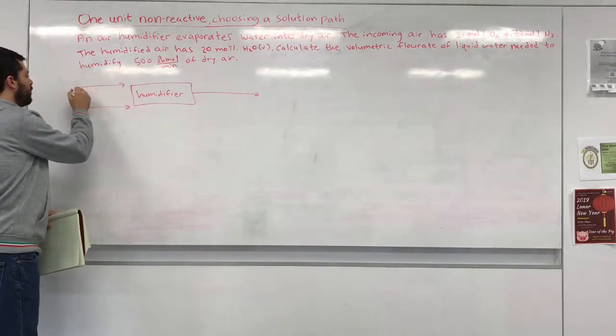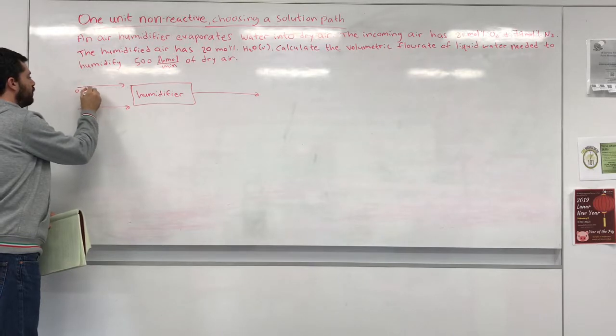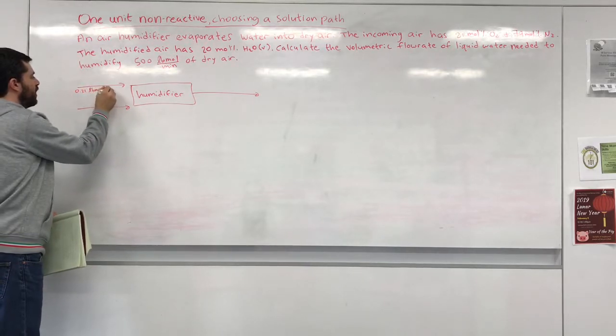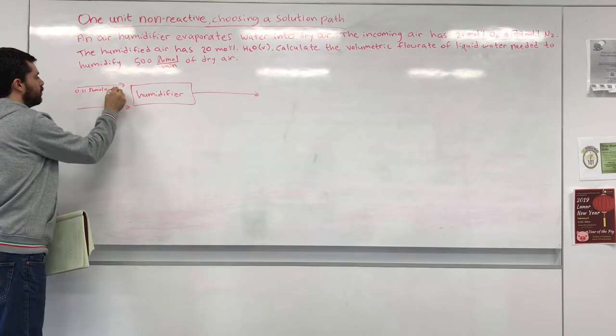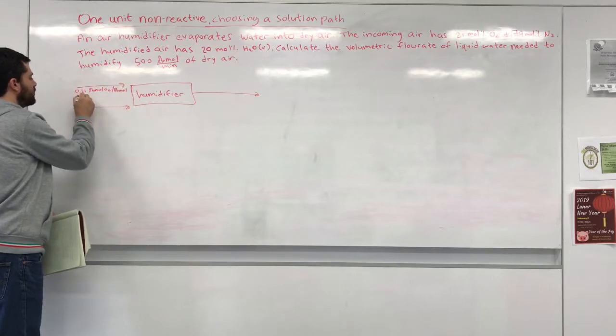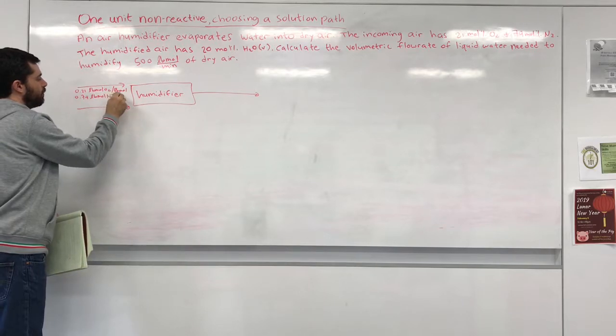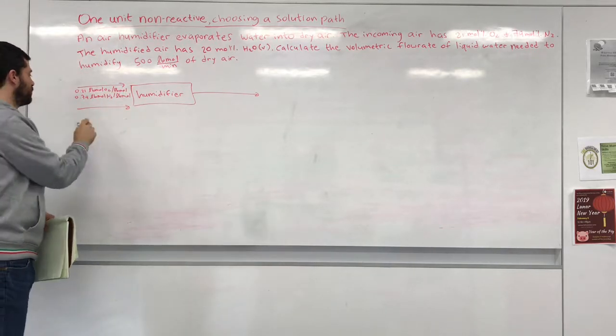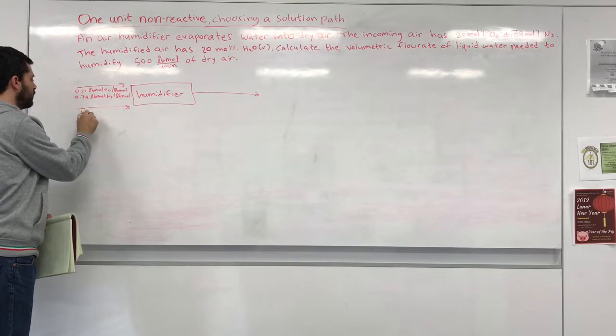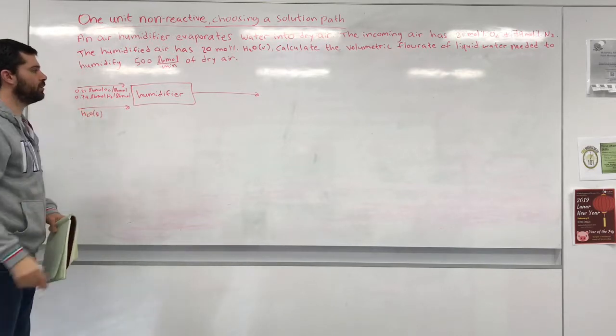Now the dry air has 0.21 pound moles of oxygen per pound mole and 0.79 pound moles of nitrogen per pound mole. And this is just going to be liquid water.